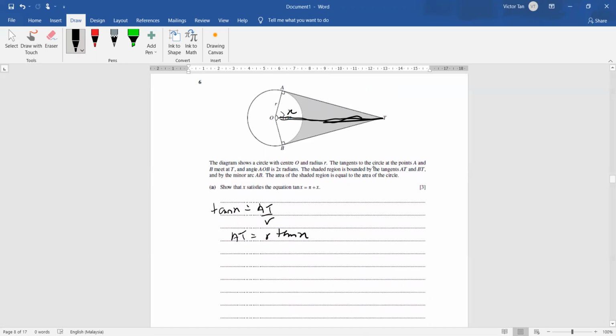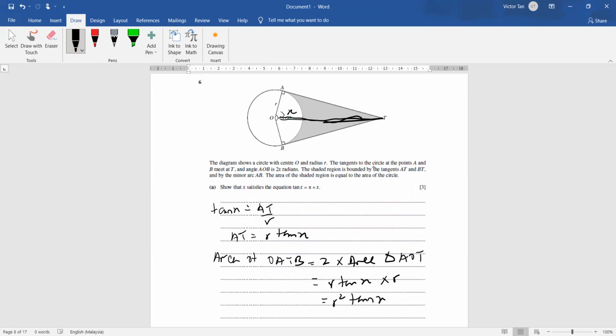So the area of OATB is 2 times the area of the triangle AOT. So this will be just r tangent x times r, which equals r squared tangent x.